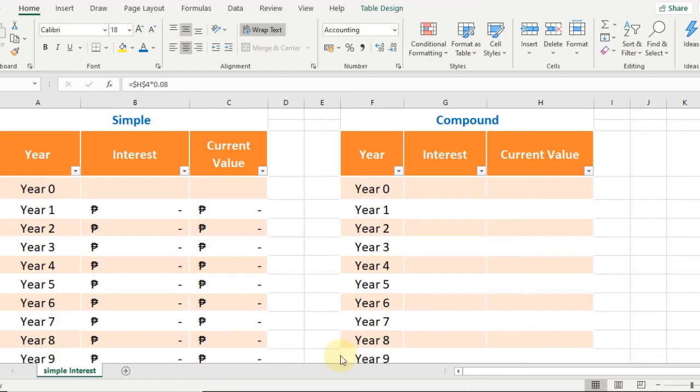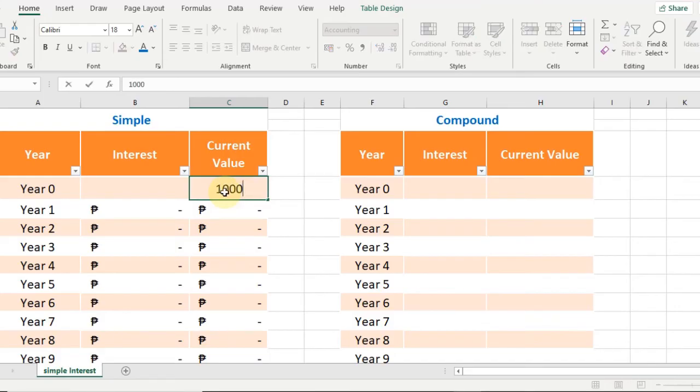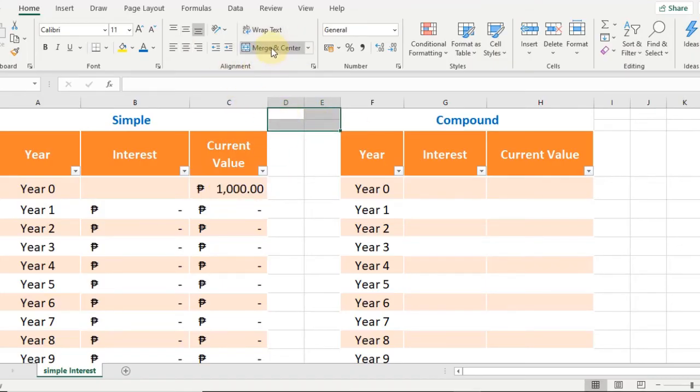All right, so let's have this one. I have here an Excel sheet to show you the difference between the two kinds of interest. So suppose on year zero, at present, I invested 1,000 pesos with an interest of, let me write it here, 10%.